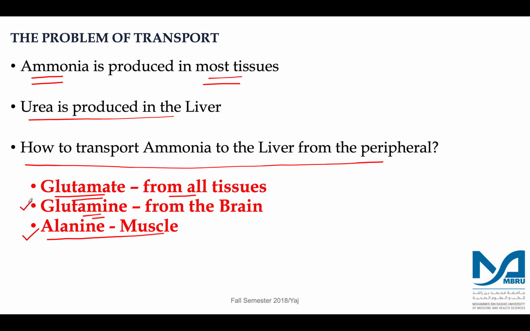So from the brain to the liver by glutamine, from the muscle to the liver by alanine, and to a minor extent from the tissues to the liver by glutamate. Other than that, we cannot transport ammonia in any other form.